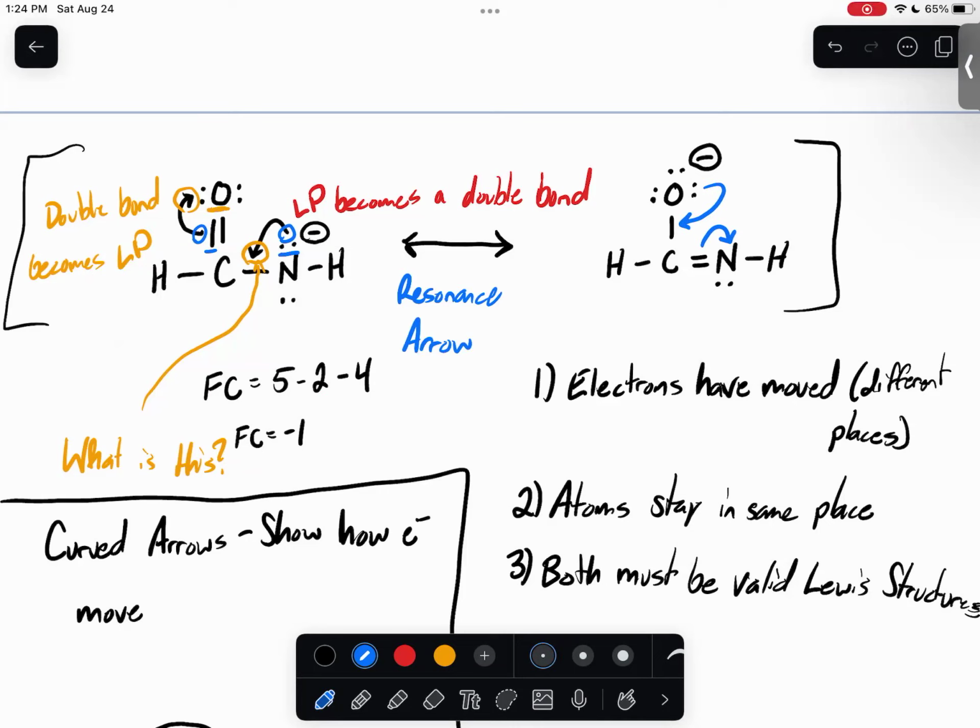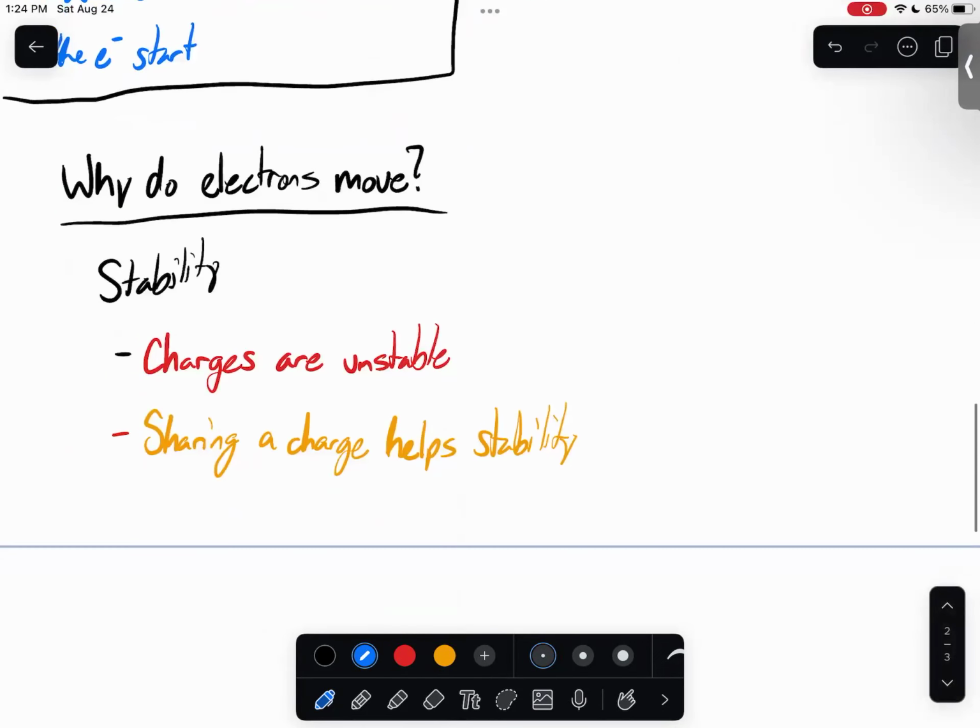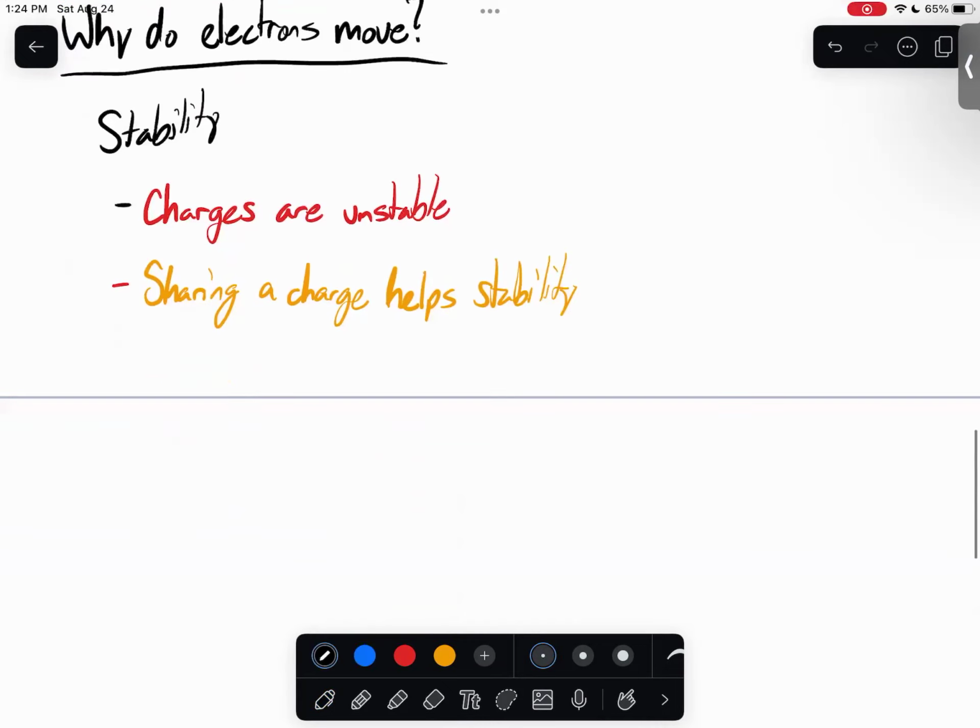We're saying that the charge here is shared amongst both the oxygen and the nitrogen. And so that is essentially making this structure more stable to have that negative charge. And so the way we show these sharing capabilities and how we show that stability is through what we call a resonance hybrid.